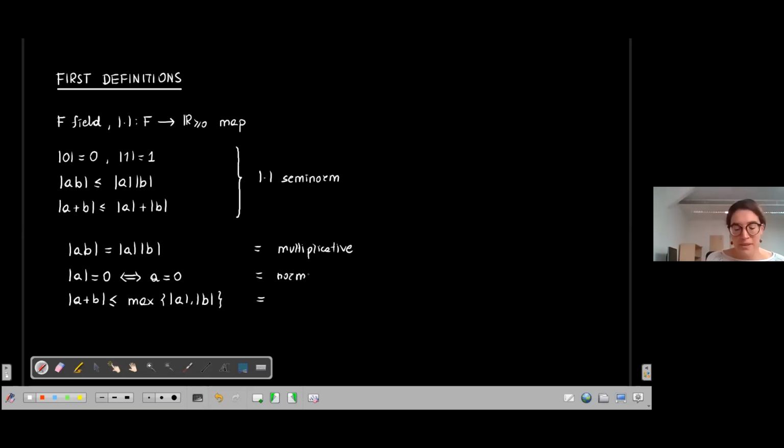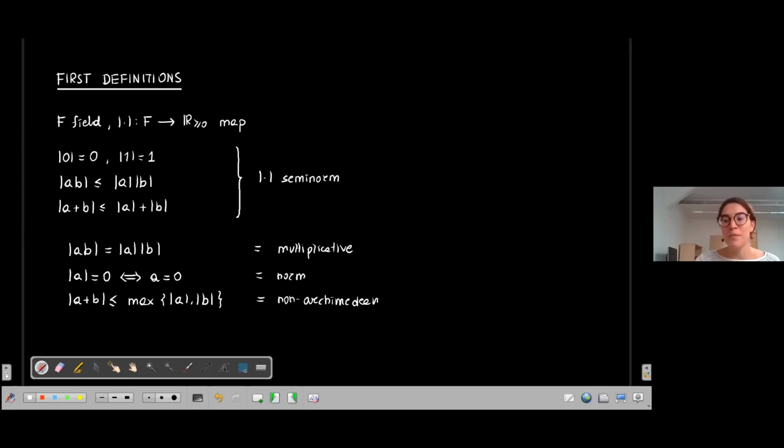That is what makes our semi-norm a non-Archimedean semi-norm. Here, the norm of A plus B is not just smaller than the sum of the 2 norms, but it's smaller than the maximum of the 2.